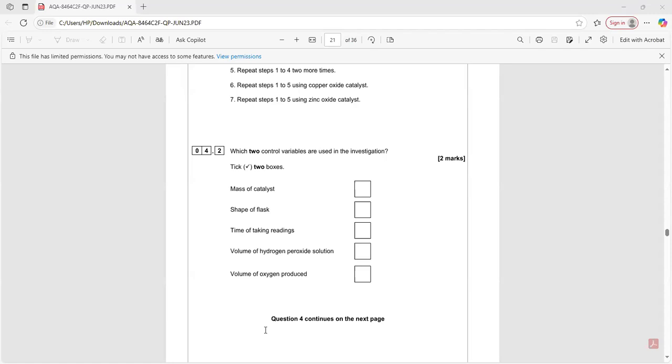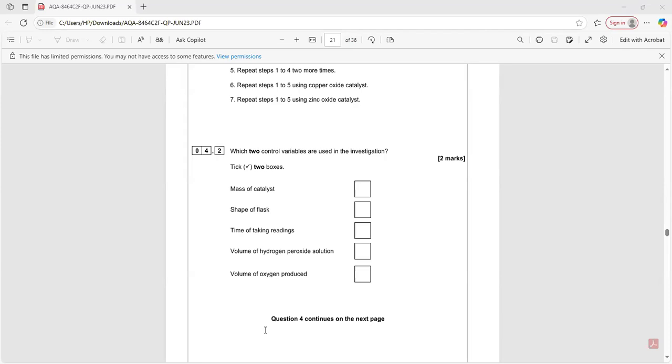But I'm thinking that time of taking readings might also be a control variable. But they said only 2 boxes, so we can't have 3. So help me check the mark scheme. What does it say for this question? Let's just be sure. Volume of hydrogen peroxide solution.